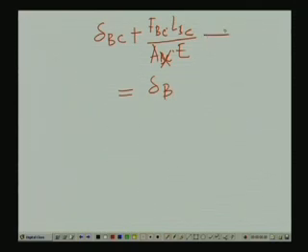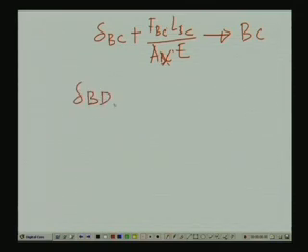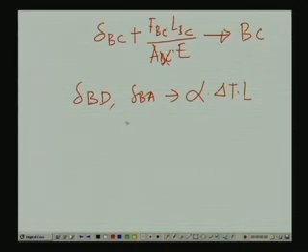This is for the bar BC. Now, for bar BD or BA, we have the deformation delta BD or delta BA, which is again due to temperature, which is alpha times delta T times L, and for the compressive force, we will have F BD or BA times L BD by AE.